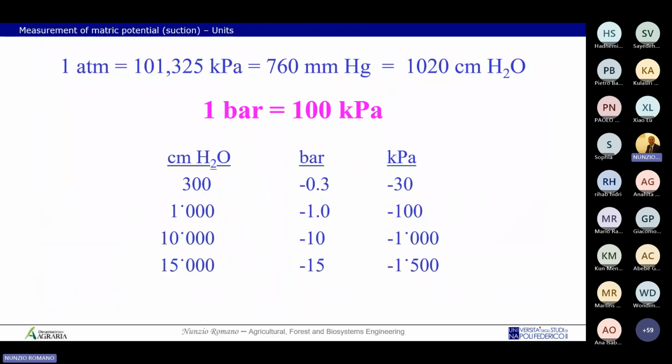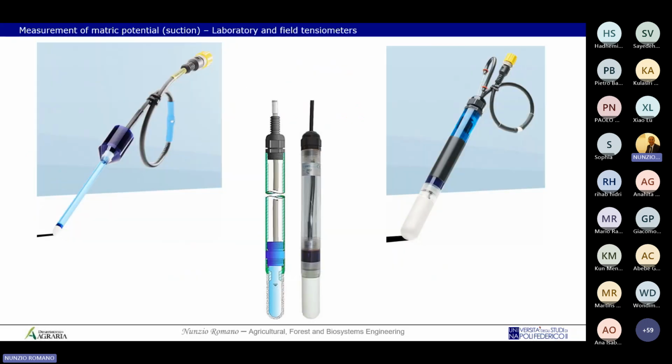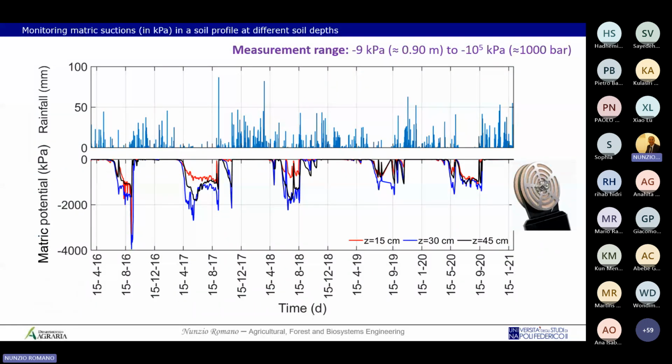So this is why it depends on the factory, depends on the sensor. For example, for Teros 21, the factory assures that the measurement is relatively accurate and precise if you start measuring the matrix potential over about 90 centimeters or 1 meter. I don't know if now things are clear.